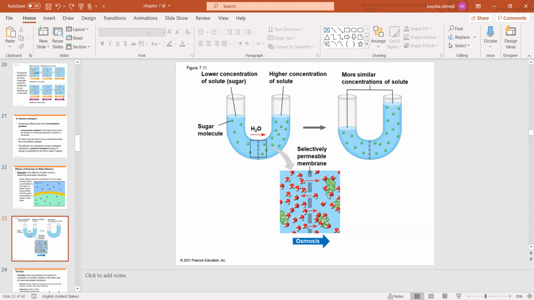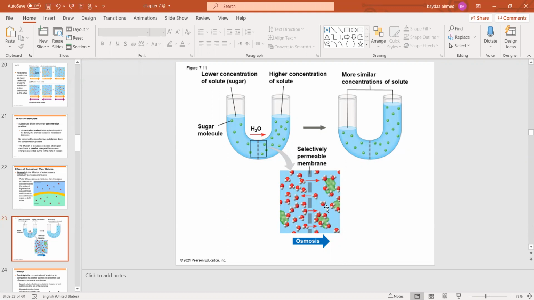As a result, the solution with the high solute concentration has lower free water concentration.